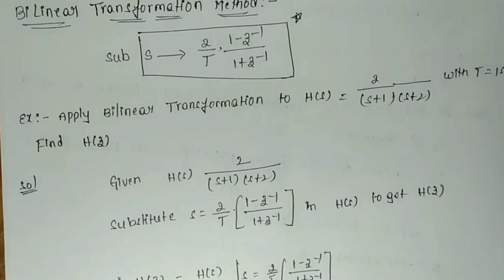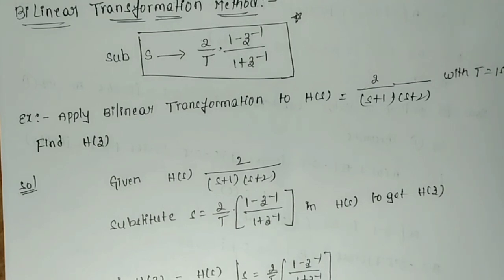The key point in this bilinear transformation method that you have to remember is that you substitute s as 2 by T into (1 minus z inverse) by (1 plus z inverse). If you remember this value of s, substitute it in the given H of s, and do the simple mathematical simplifications, definitely you will answer the question from the bilinear transformation method.